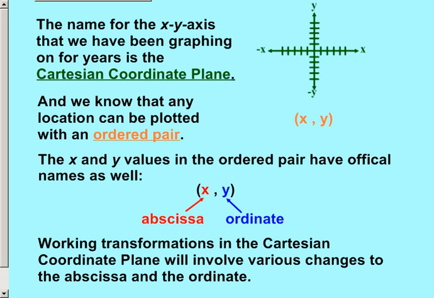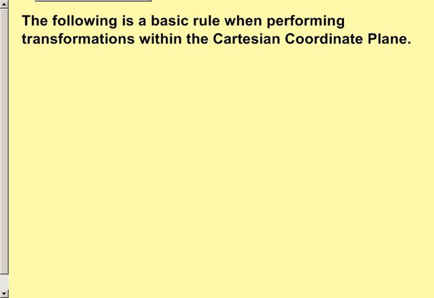Okay, so let's move on. The following is a basic rule when performing transformations within the Cartesian coordinate plane. We've started off with the translations because they are the easiest to deal with within our graphs. Let's take a look how they work.